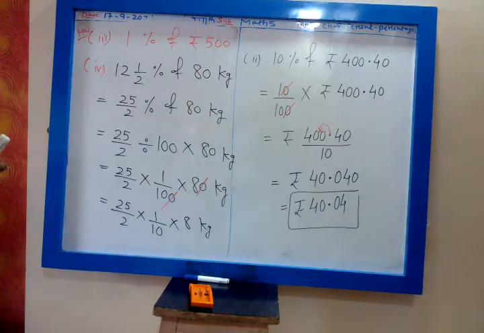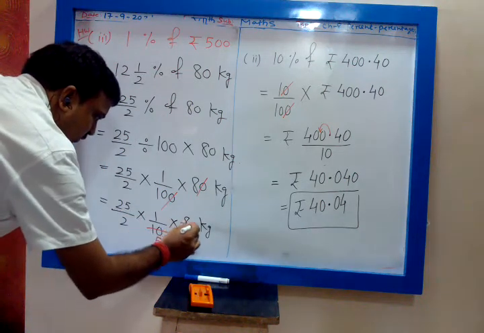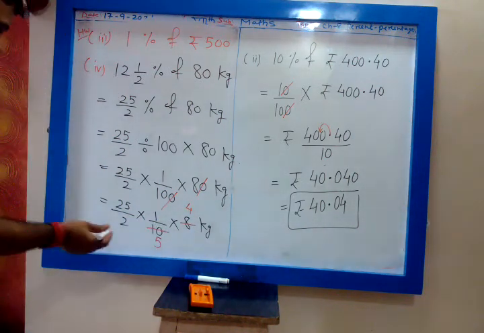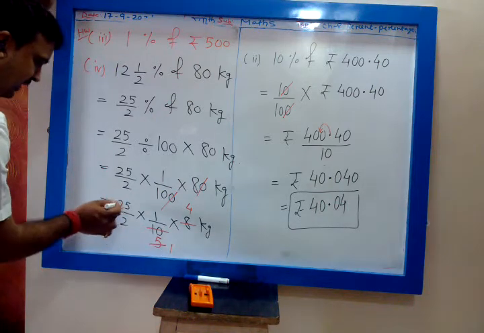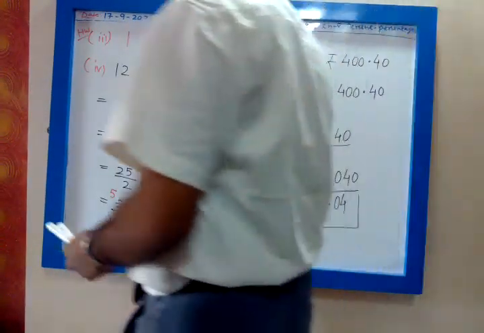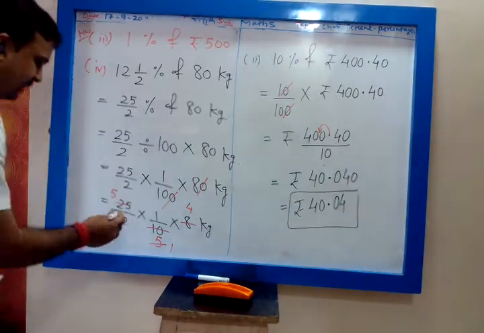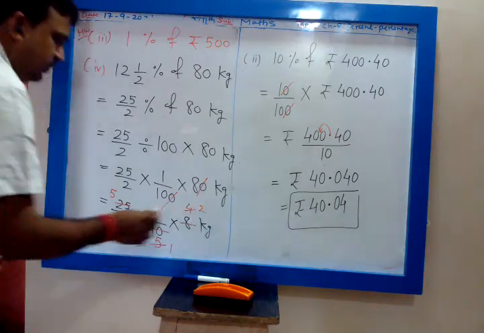Now 8 and 10 also you can cancel. 5 2s are 10, 4 2s are 8. Then this 5 you can cancel with 25: 5 1s are 5, 5 5s are 25. So what is left? 5 into 1 into 4. Then this 2 and 4 you can cancel. 2 1s are 2, 2 2s are 4.